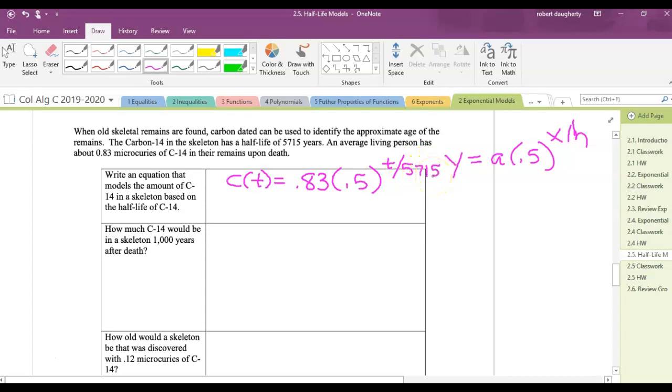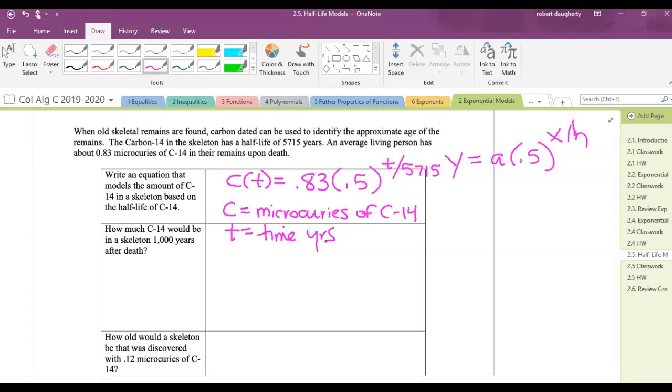This will model exactly what I want, okay? So it's going to give me the value of C, that is the number of microcuries of C14, okay? 0.83 is the initial value. T is the time measured in years. Okay, and we know that the half-life is 5715 years.